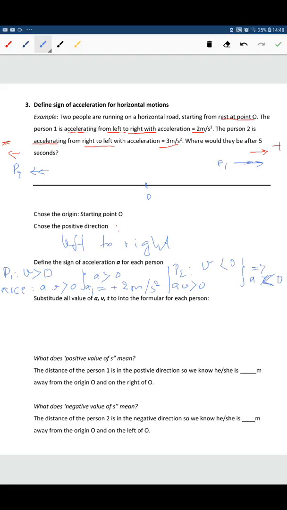V negative, a negative, then a times v is positive. So we can write the acceleration for person 2 as negative 3 meters per second squared. So person 2 is accelerating, but he has negative acceleration. Now you can see how we use the product of a and v to define the sign of a.